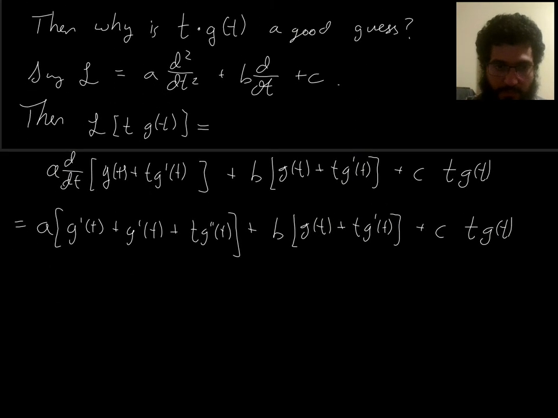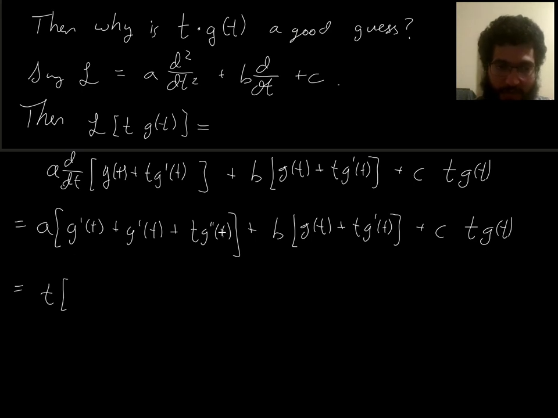Okay. Now combine some terms. So I've got some stuff that has g prime and some stuff that has t g prime. Or maybe a better way to put this is there's some stuff that's multiplied by an overall factor of t and some stuff that's not. So here's the stuff that is multiplied by an overall factor of t.